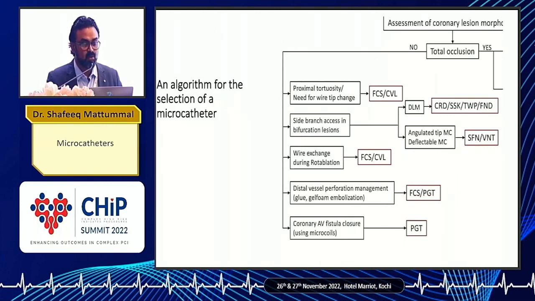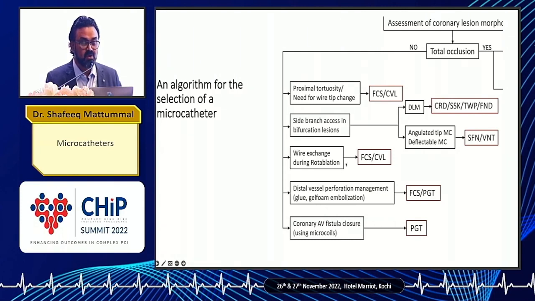And finally, an algorithm for how to select. In a lesion which is not a chronic total occlusion, if it is proximal tortuosity that we need to come across, a FineCross or a Caravel, a small profile, would be enough. If there is a side branch access in a bifurcation lesion, dual lumens are increasingly becoming popular.